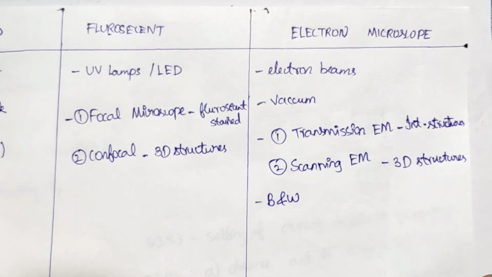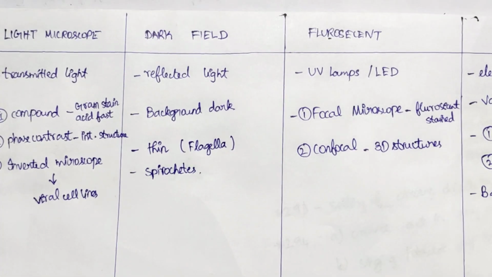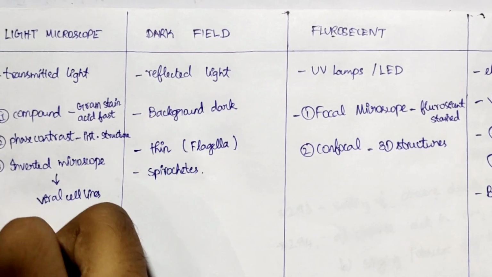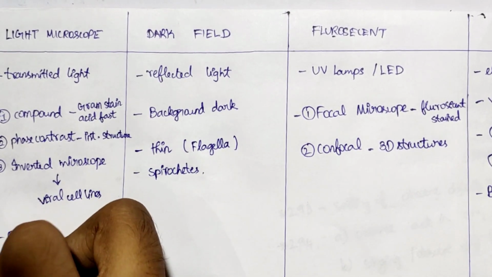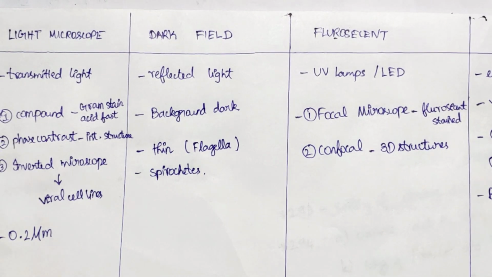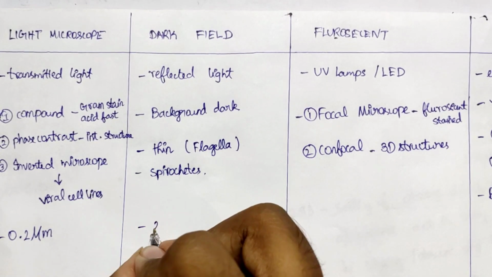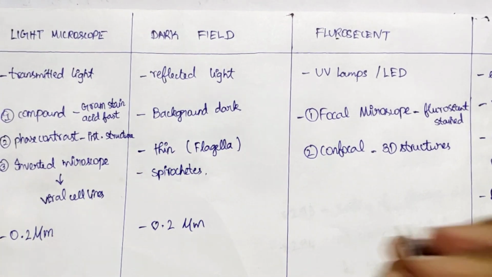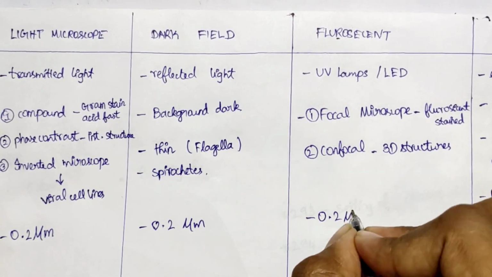Okay, finally, as a last point, we can see the resolution for each microscopy. First, light microscopy: the resolution is 0.2 micrometer. What is the resolution for dark field? The same, 0.2 micrometer. For fluorescent, same, 0.2 micrometer.